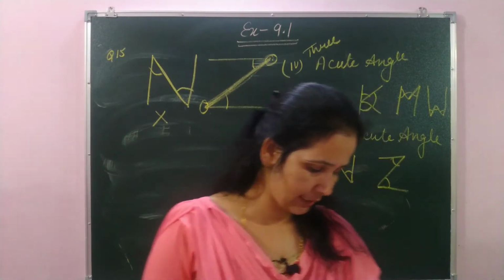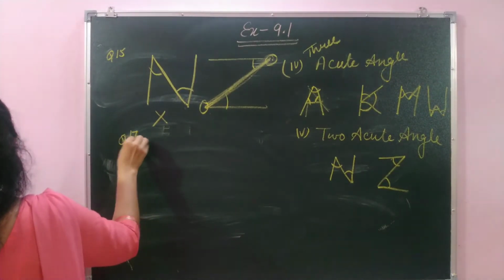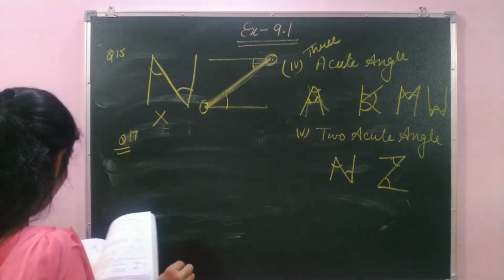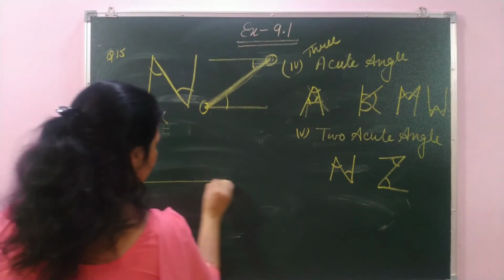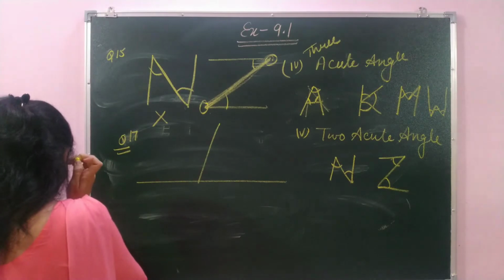Now question number 17. In question number 17, they have given one figure. Two angles P and Q form a linear pair. Okay. So these two form a linear pair.